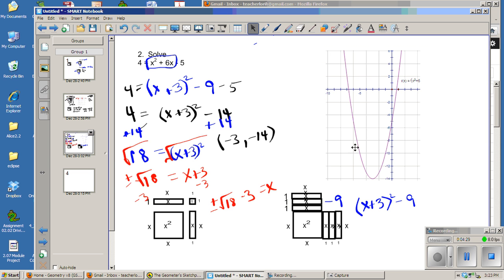Here's the graph of y equals x squared plus 6x minus 5. So I see that it's just a regular parabola, which I expected. Also, it would have been real easy to graph using -3, -14 as my vertex, and then just drawing a regular parabola.